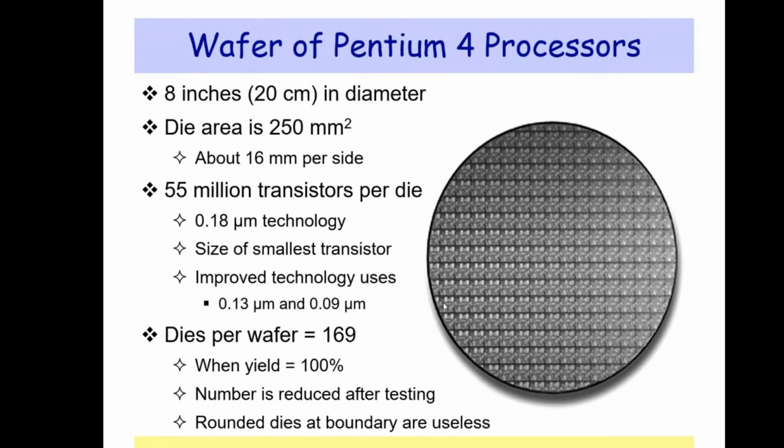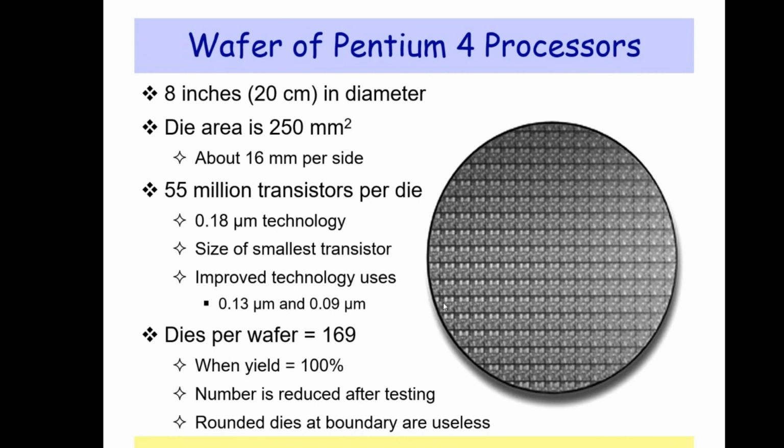It will be in terms of billions and trillions as of the moment. It is in 0.18 micrometer, that is 180 nanometer technology, and that is the size of the smallest transistor. Improved technology uses 0.13, that is 130 nanometer, and 90 nanometer.